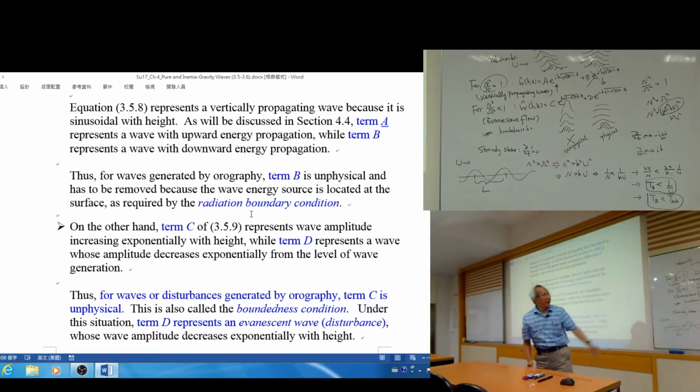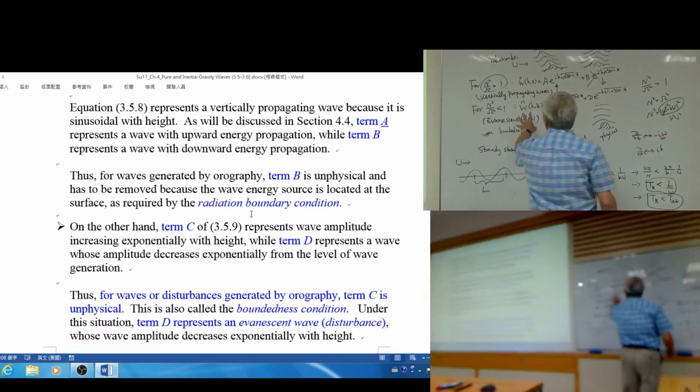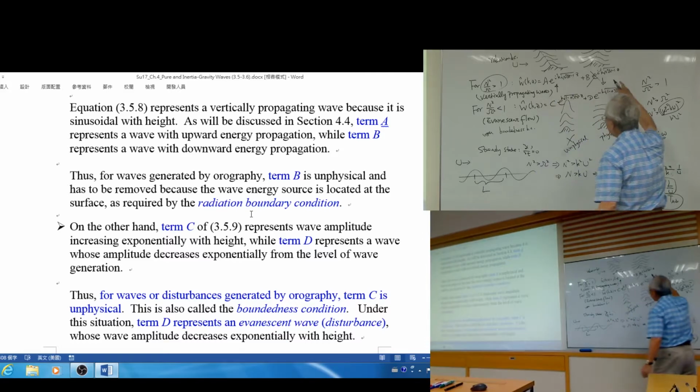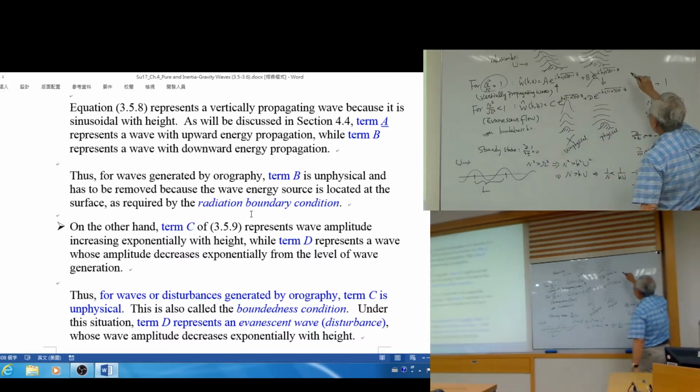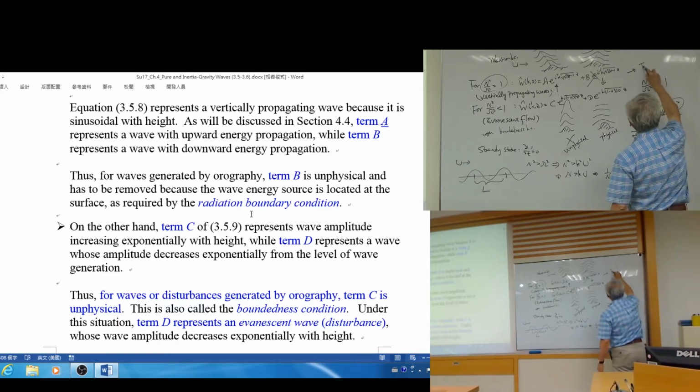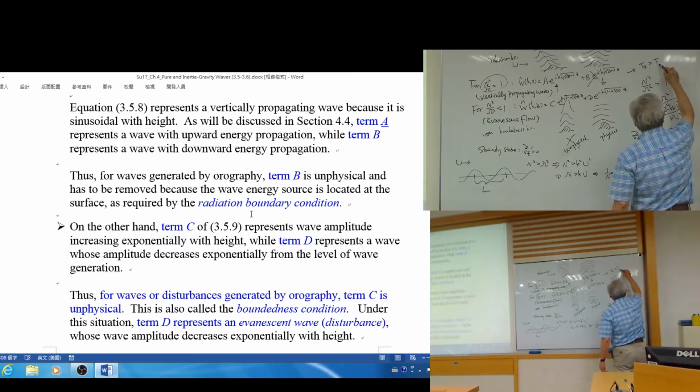On the other hand, for this case, the advection time will be greater than the buoyancy period.